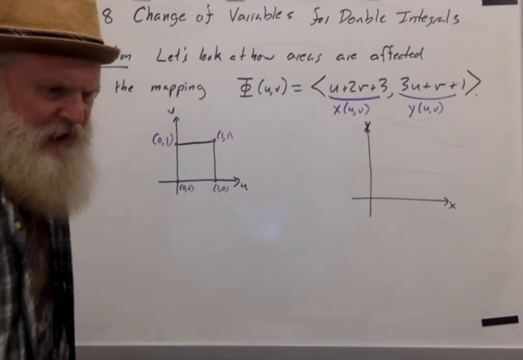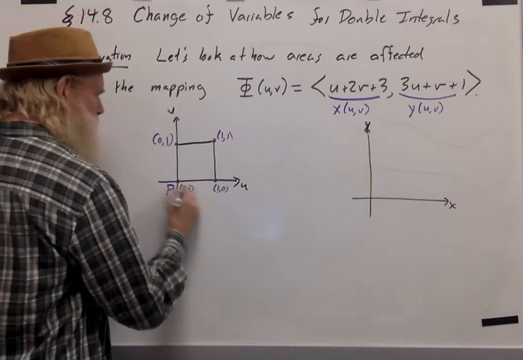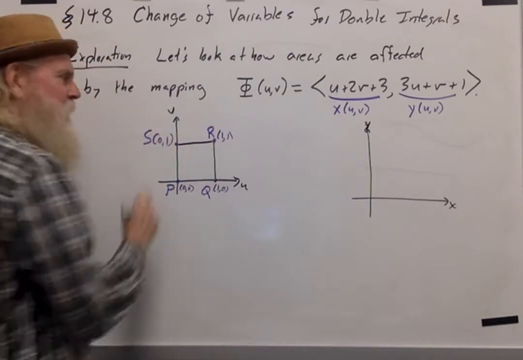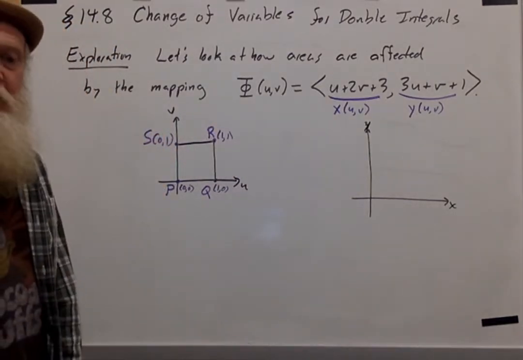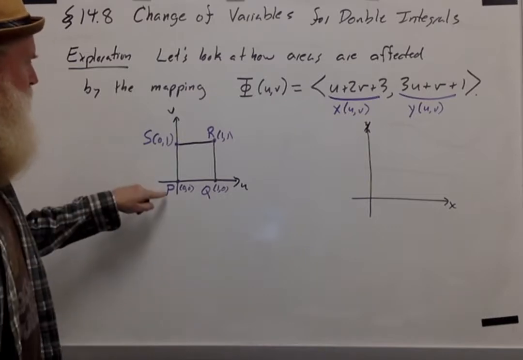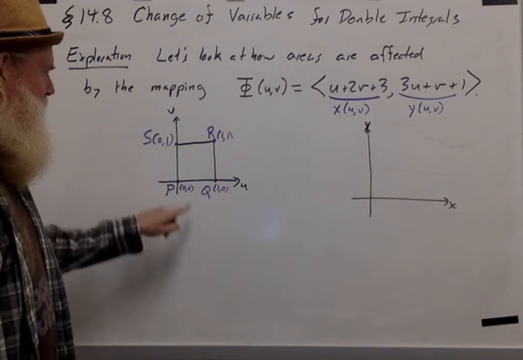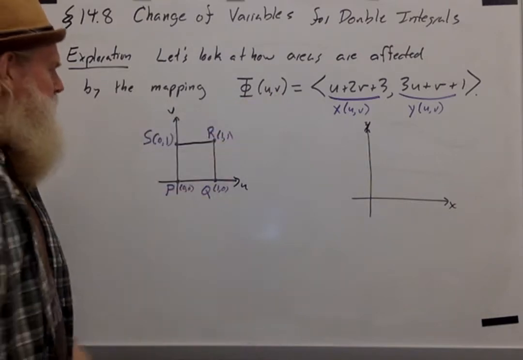And let's give those guys names. Let's call them P, Q, R, and S. And just one by one, let's figure out where each of these points is taken over in the XY plane. And I'll do that by substituting into phi.